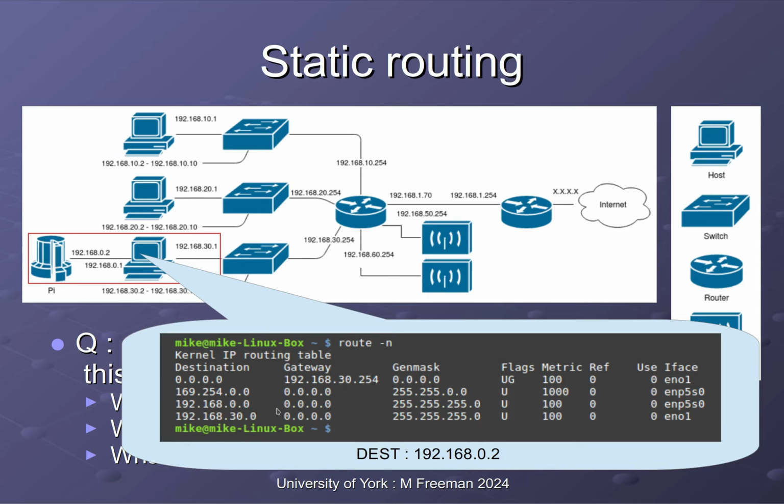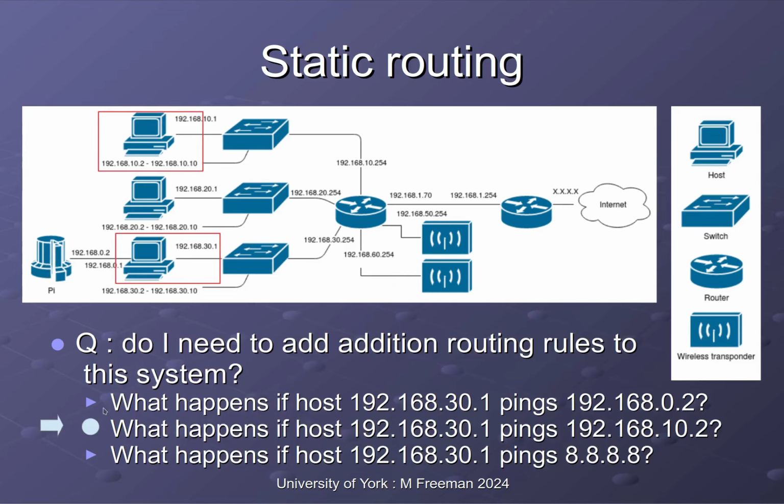So the machine knows that it has to send this packet out of this network interface, and that one will send it to the Raspberry Pi, and that's where I want it to go. So everything is good. Let's look at the next one. Now I want to communicate to the machine up here on a different network, on the 10 network.